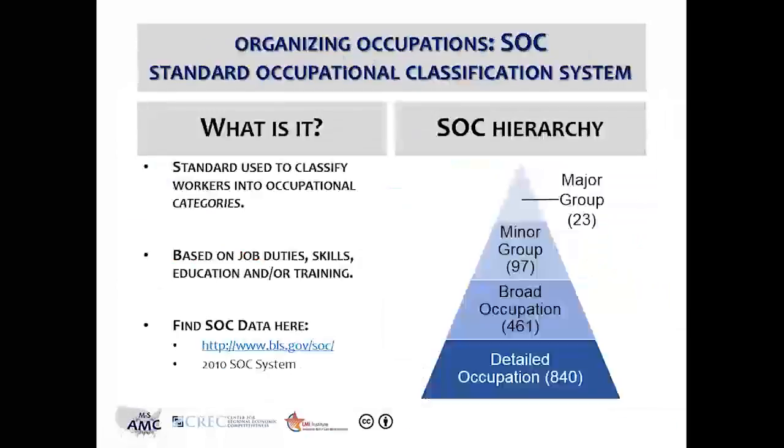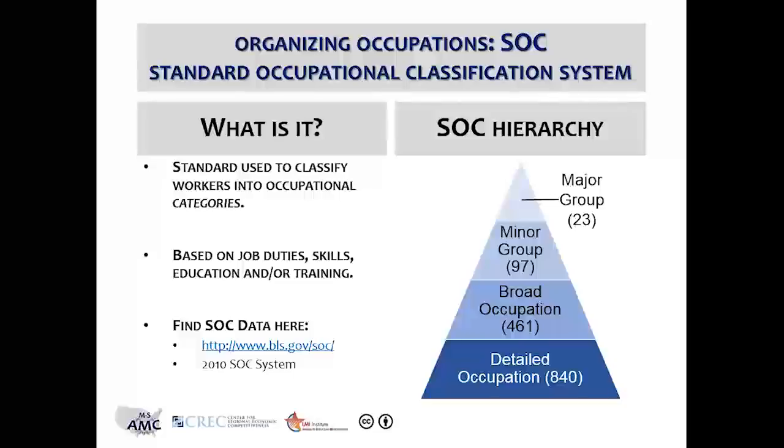So just briefly, the Standard Occupational Classification System, or SOC, was developed by the federal government to provide a comprehensive way of organizing occupational data. And that data is standard across all workers and occupations. It's based on job duties, skills, education, and training.